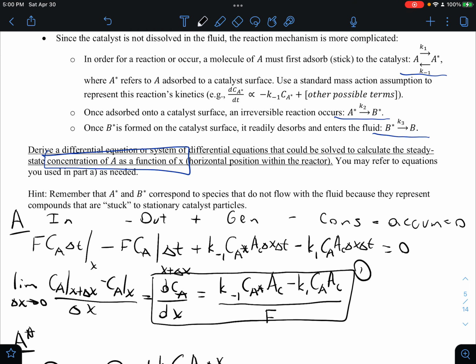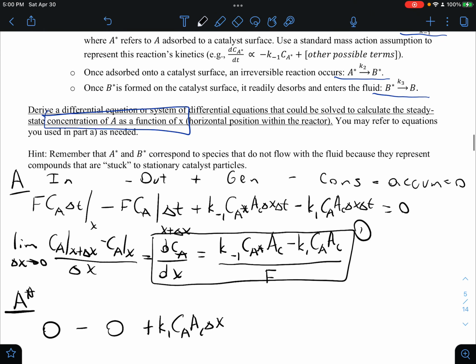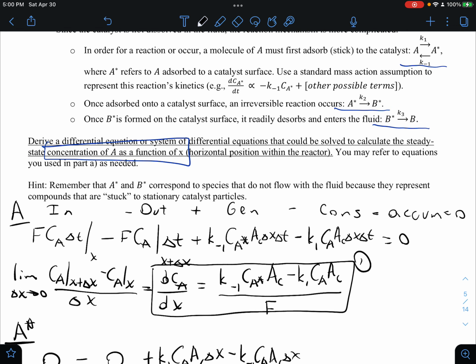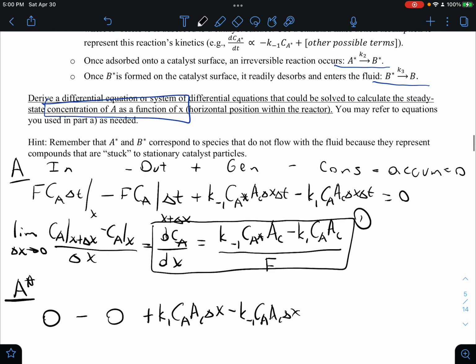I'm just looking at the kinetics. The consumption is going to have two terms, minus k_{-1} C_A* A_C delta x, and you're going to consume A star by converting it, minus k_2 C_A*. By the way, this should have been C_A* A_C delta x.